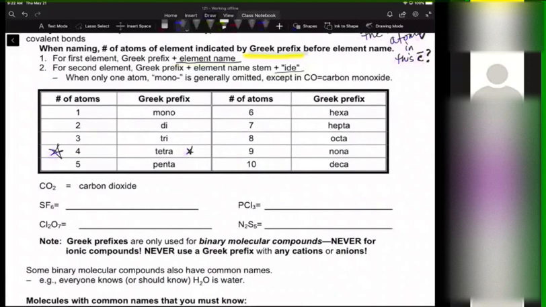Penta is pretty easy, 5, like a pentagon. 6 is like a hexagon. 7 is another one that's tricky because we want to say septa, but it's hepta. Octa, like an octopus, 8 legs. Nona is 9, and deca is 10, and that's all we're going to need. So it's really the 4 and the 7 that get a little tricky.